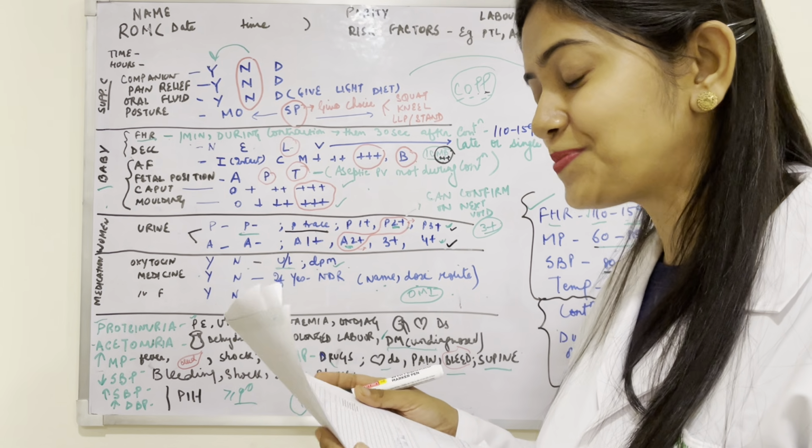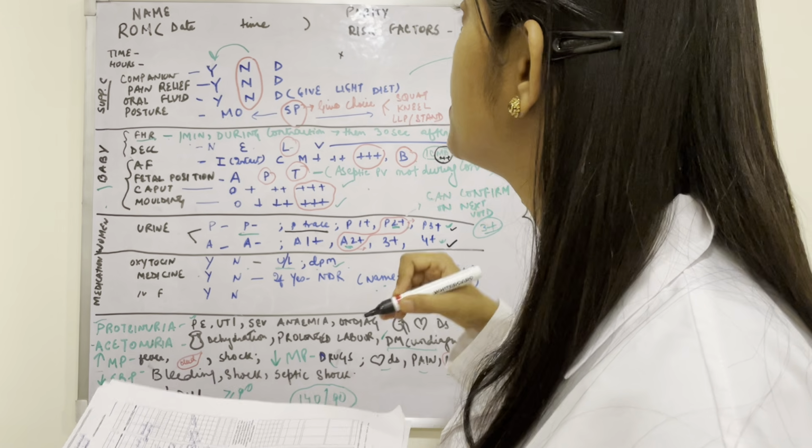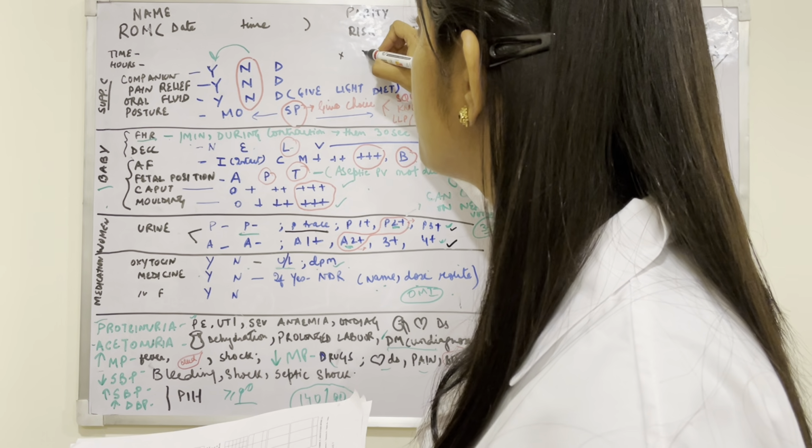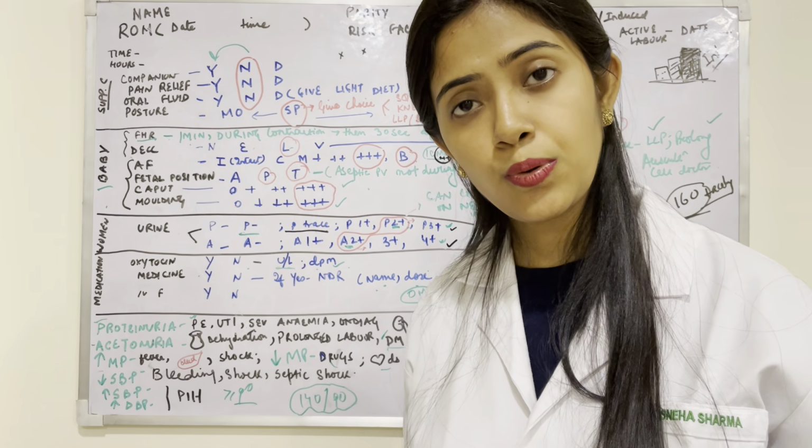Cervical dilatation, we all know, we've always done this in the WHO partograph. It used to be marked with a cross. Similarly, we are marking it with a cross now also.